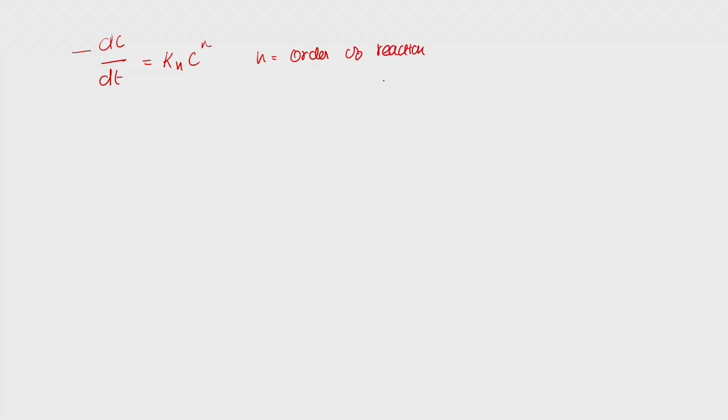If I know the order of the reaction a priori, for example n equal to 0, that means it is a zeroth order reaction. So how do I write the kinetic expression? minus dC upon dt is nothing but K naught C power 0, which is nothing but K naught.